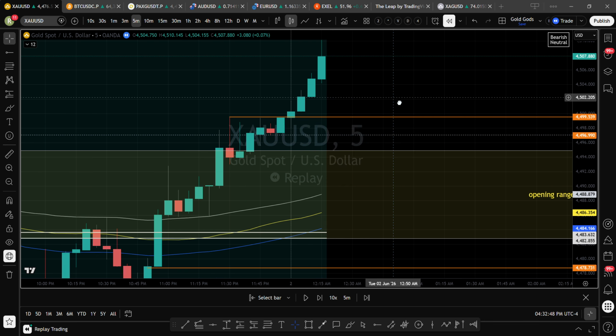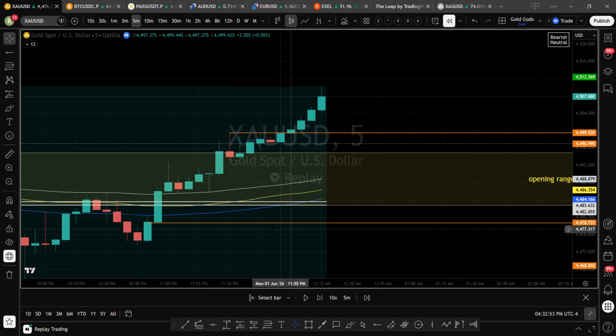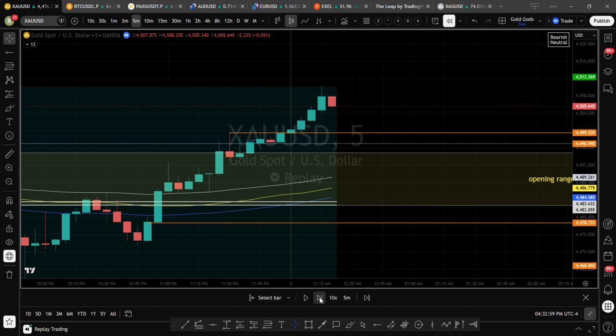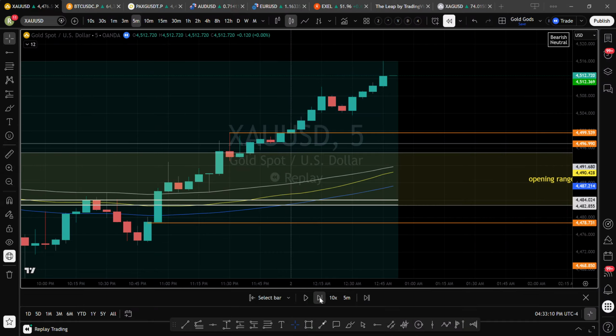Check this out. It doesn't always happen, but there's a good chance it could happen. This is where you get back in, right? Train is leaving the station. Train is left. Right?